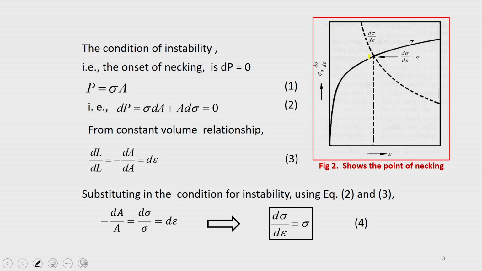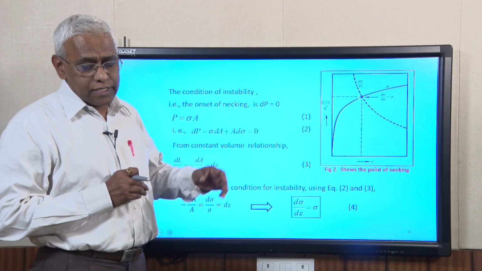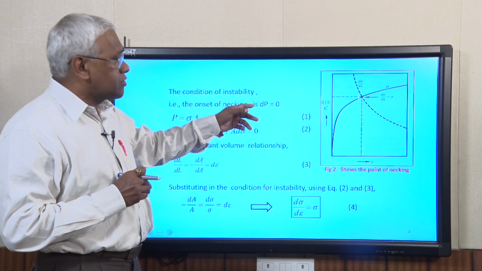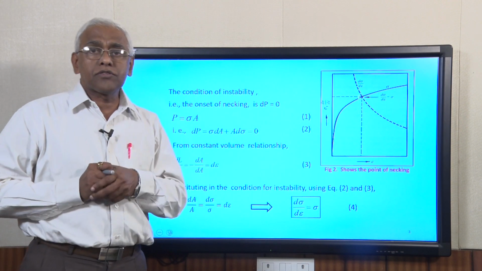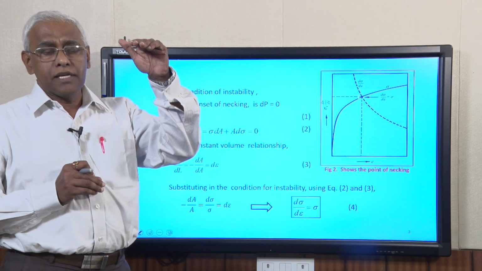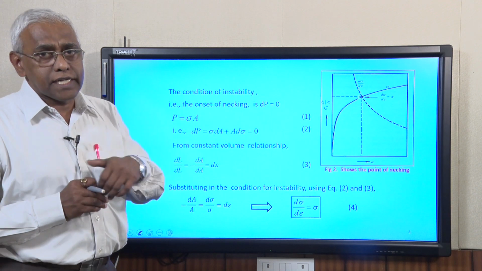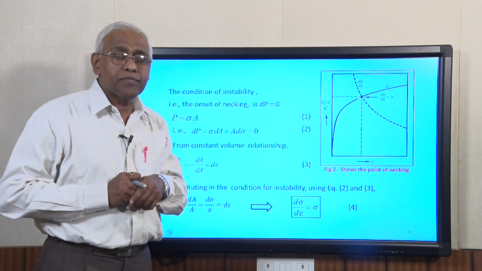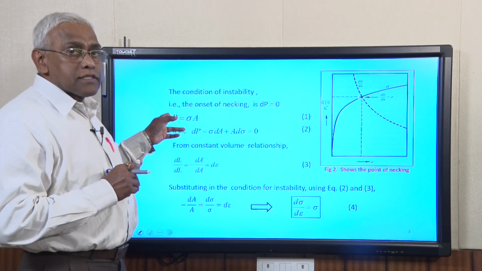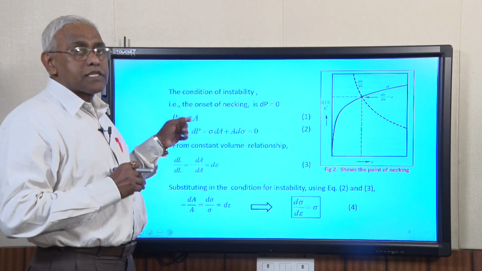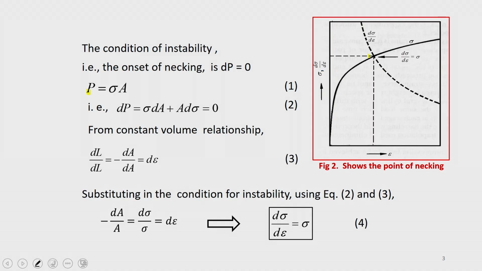The onset of necking is the point in the engineering stress-engineering strain curve where the change in the load is 0, because it is initially increasing, then reaches a maximum point and then decreases. So, the maximum condition is that dP is equal to 0, and the external load P is given by sigma into A, and we can write this dP in the differential form.